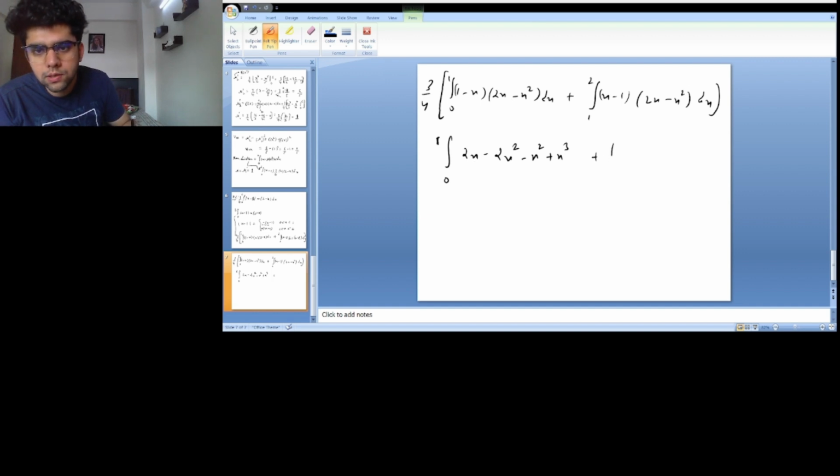Now plus, 1 to 2, 2x square minus x cube minus 2x plus x square dx.